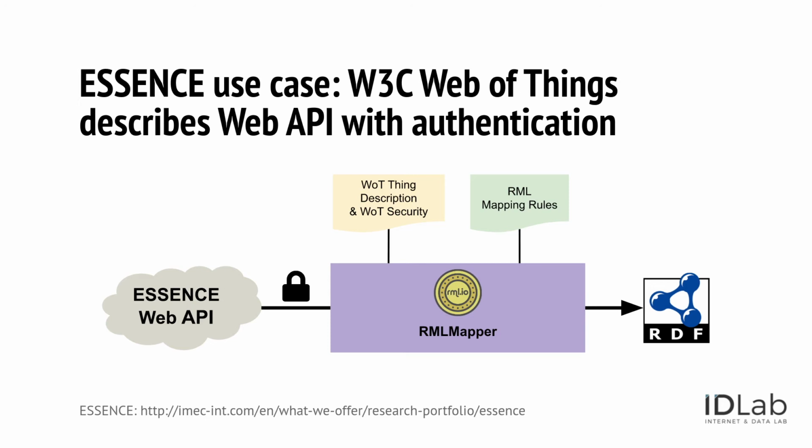As this web API required an authentication token, we described this with a Web of Things security description that allows us to describe to processors how the token must be placed when doing a request. The thing description, on the other hand, describes where the web API is located and the content we retrieve. Once we describe that, the RML mapping rules can use this access description for transforming the web API's data into RDF using the RML mapper.